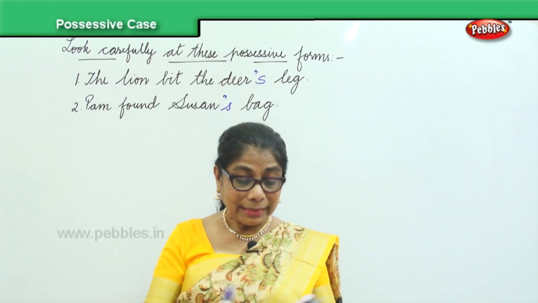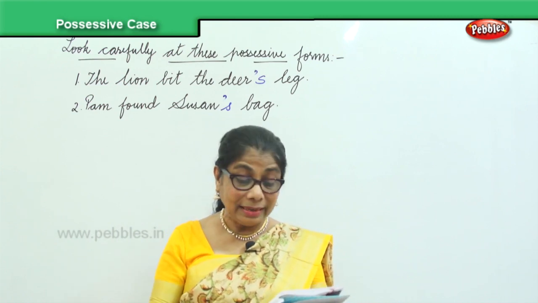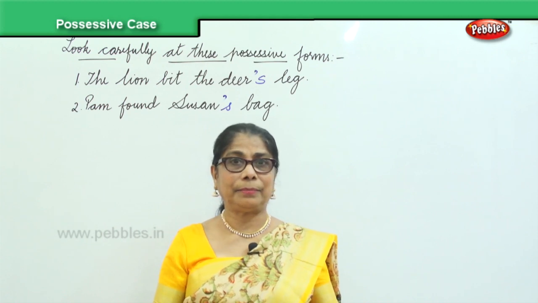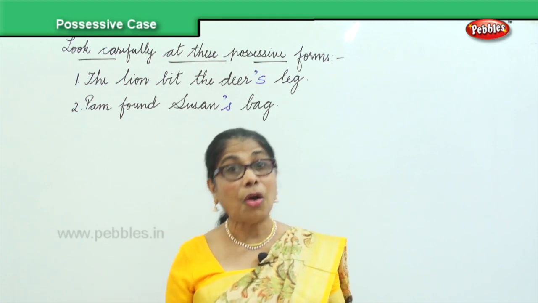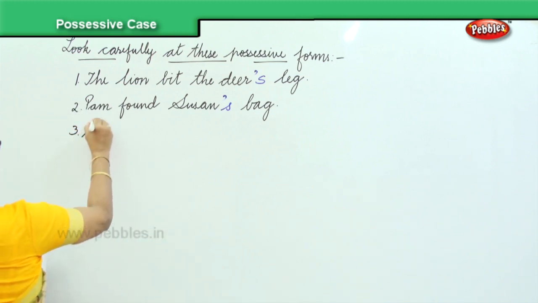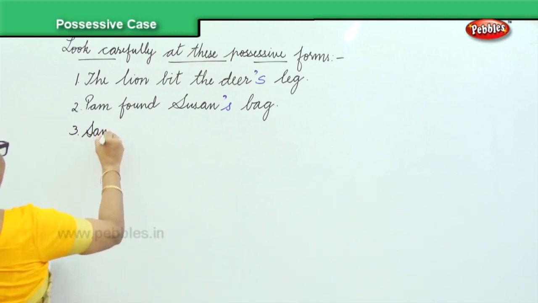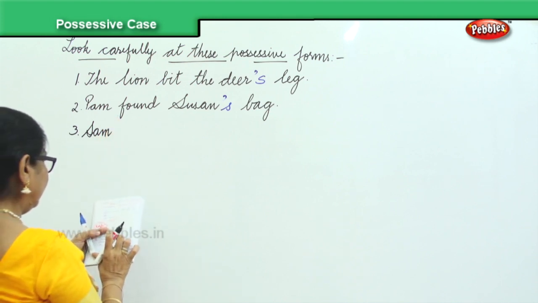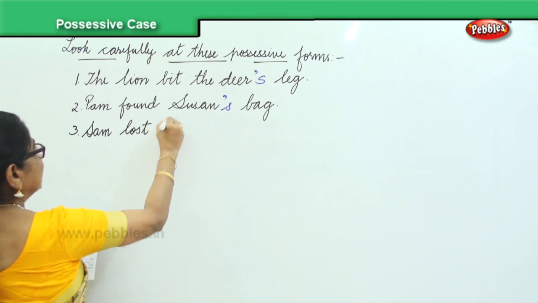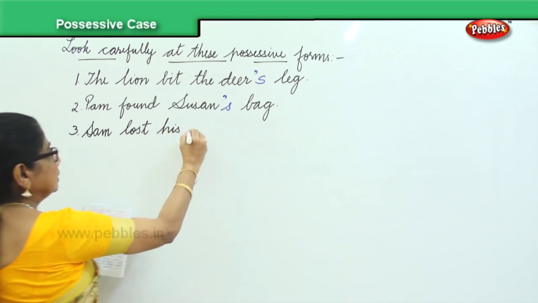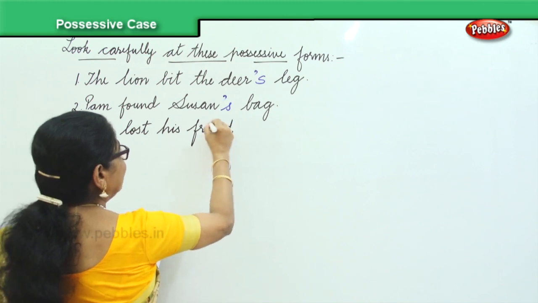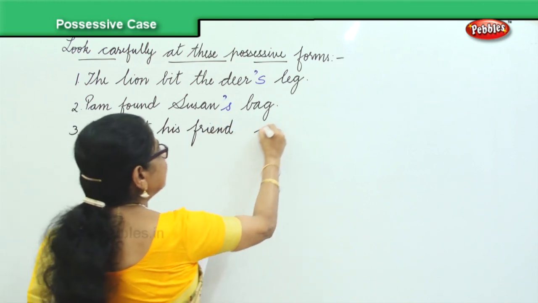Next one. Sam sat on his friend's bat. Sam sat on his friend's bat. Sam lost his friend's bat.